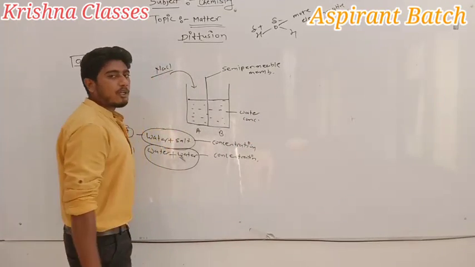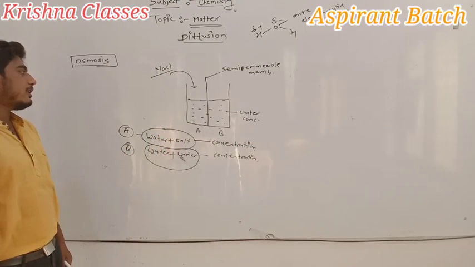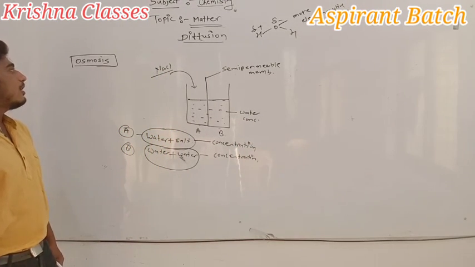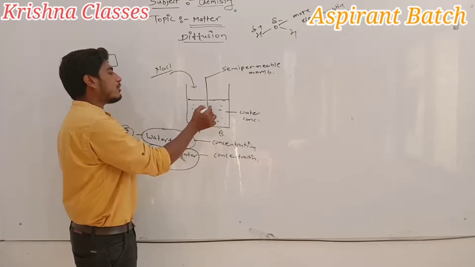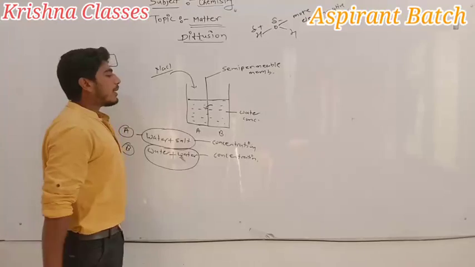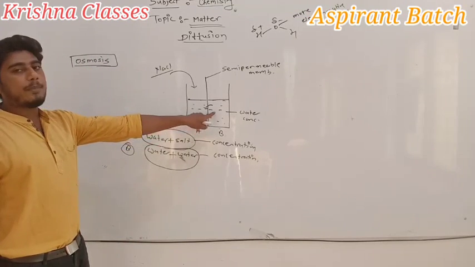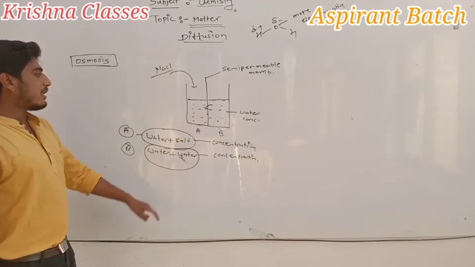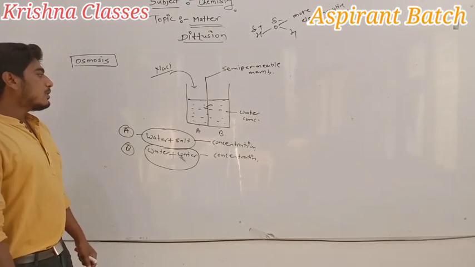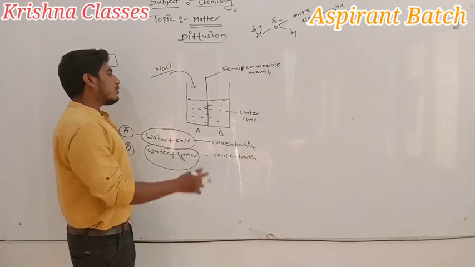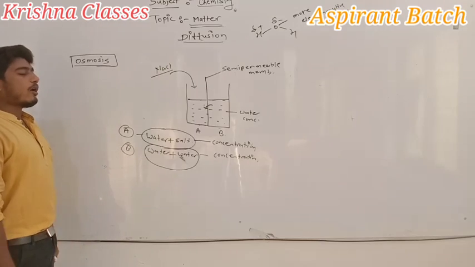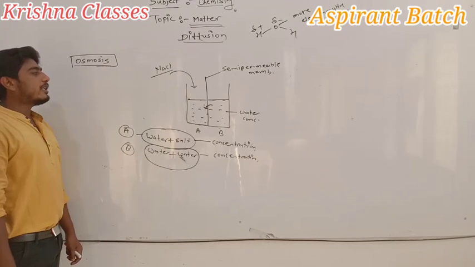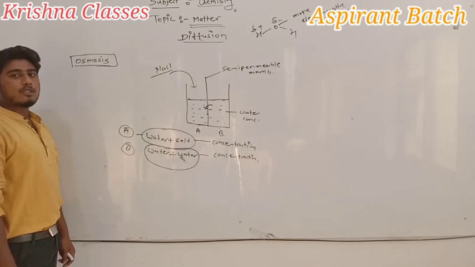There is no movement of salt in the osmosis process. Then the water starts to move. We know that the concentration of water in the B compartment is more as compared to the A compartment, so the water starts to move from the region of higher concentration of water to the region of lower concentration of water.